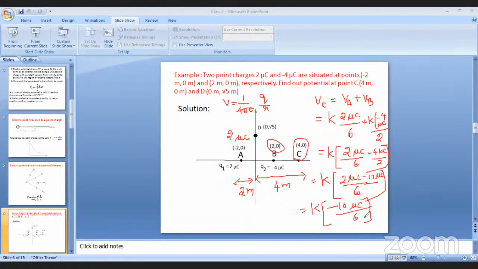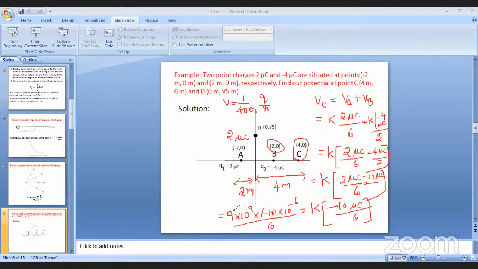We all know the value of K, that is 9 into 10 power 9. So within the bracket, you will be having minus 10 into 10 power minus 6 divided by 6.